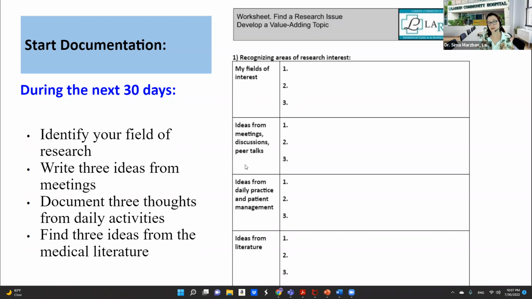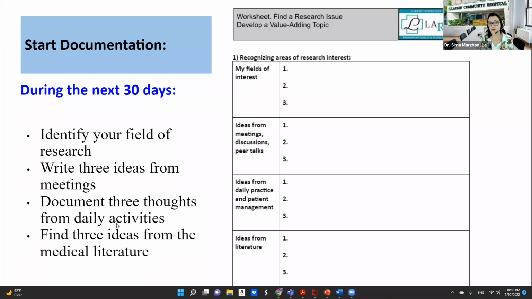This is your worksheet, and the expectation is that it be done during the next 30 days before you finalize your research topic. And after a month, you will start writing the issue statement and introduction to your research topic. So please find ideas from daily practices and patient management.